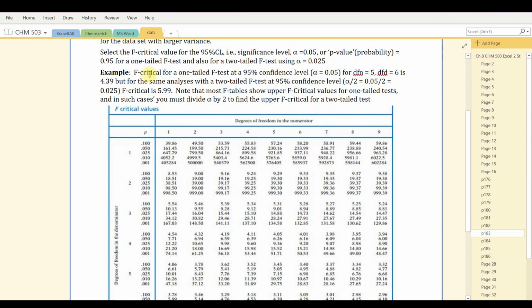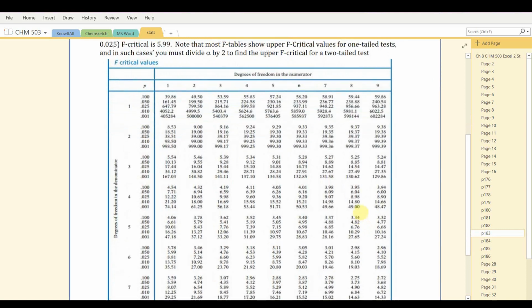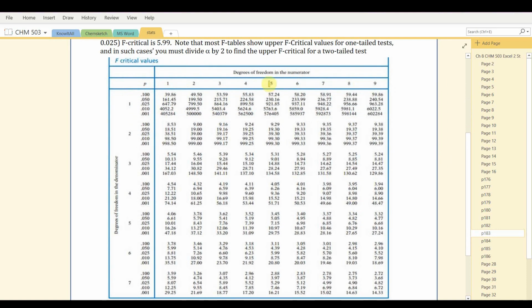For example, the F-critical value at the 95% confidence level, given dfn is 5 and dfd is 6. So dfn, degrees of freedom of the numerator, the sample set with the greater variance, and dfd with 6. The point of intersection is this group right here.